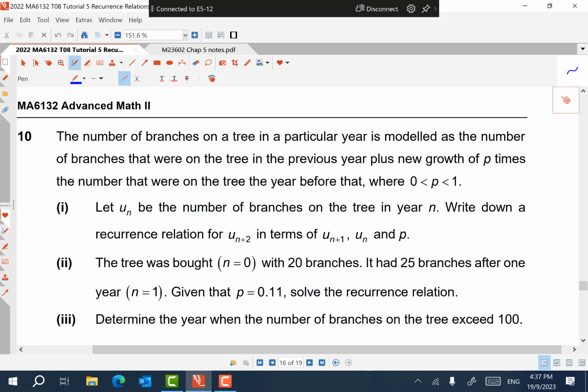What would you write? That U(n+2), according to the question, is equal to the number you have the year before, plus P times the amount you have 2 years ago.